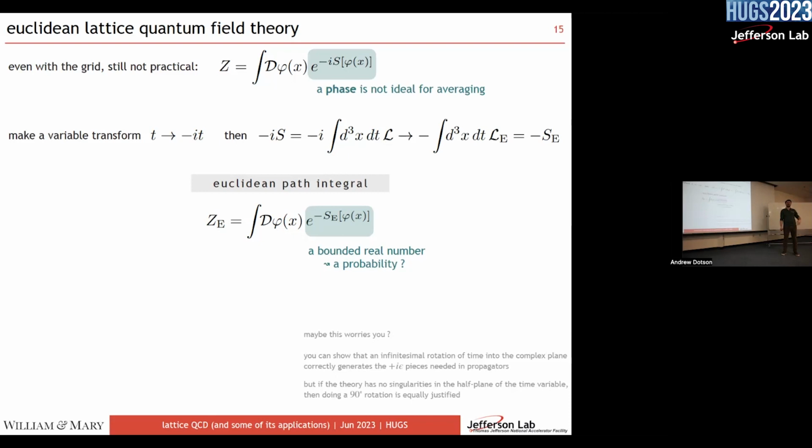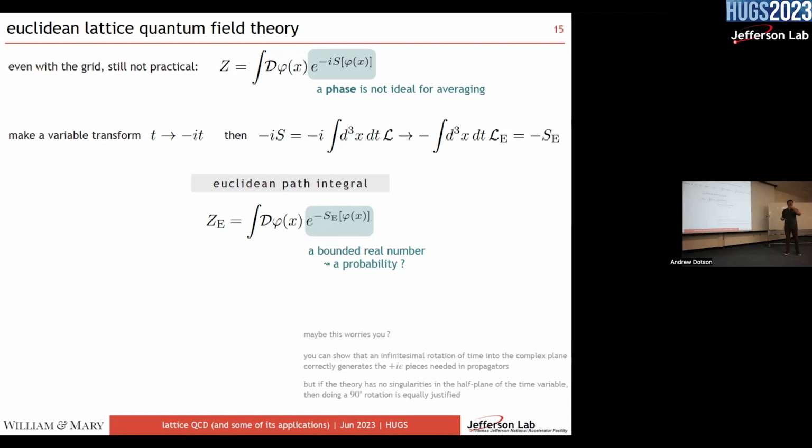A field configuration is just a list of real numbers. A computer will happily randomly generate lists of real numbers. And then for each one, evaluate the action, which is just do some operations on those numbers to spit out a real number. And then do the sum here just as an average, just average over very large numbers of randomly generated configurations. So what we want to do is randomly generate these configuration values, compute the phase, and average over them.